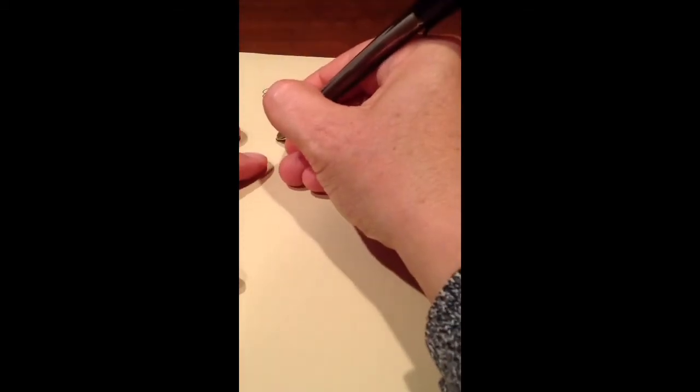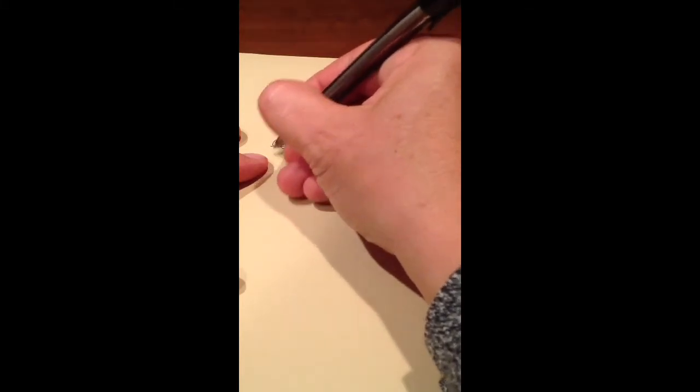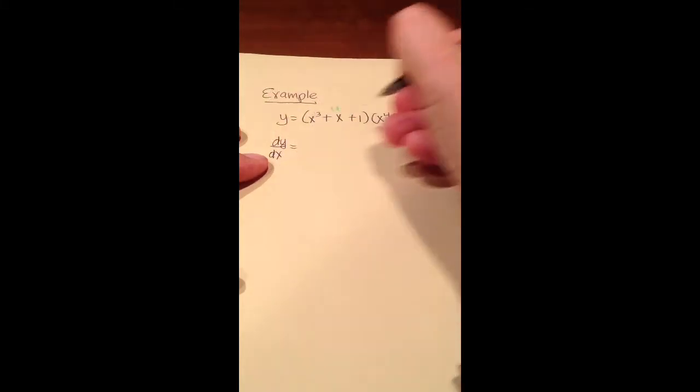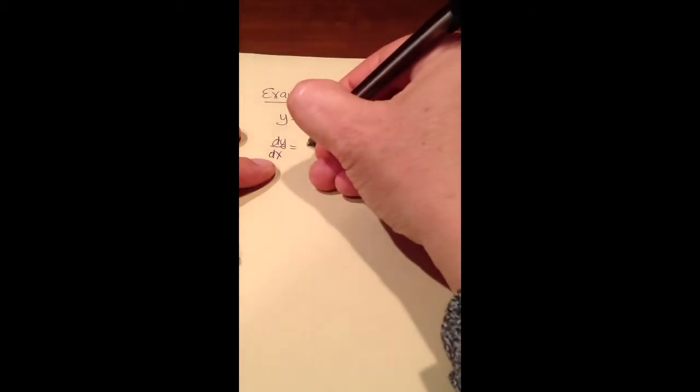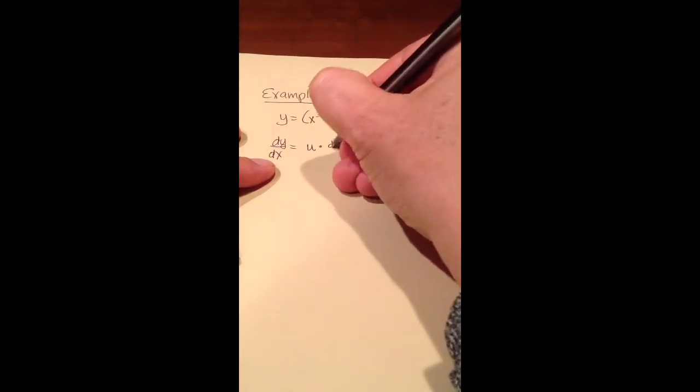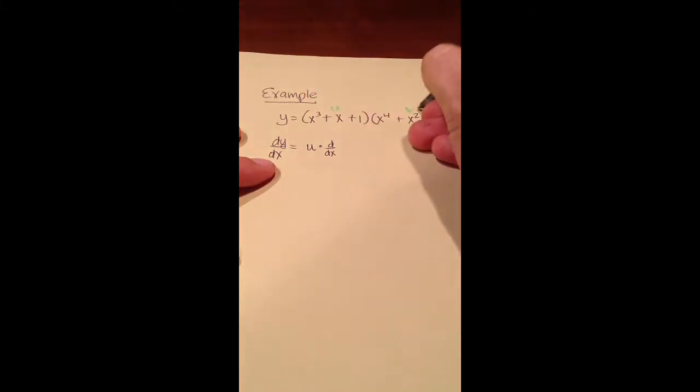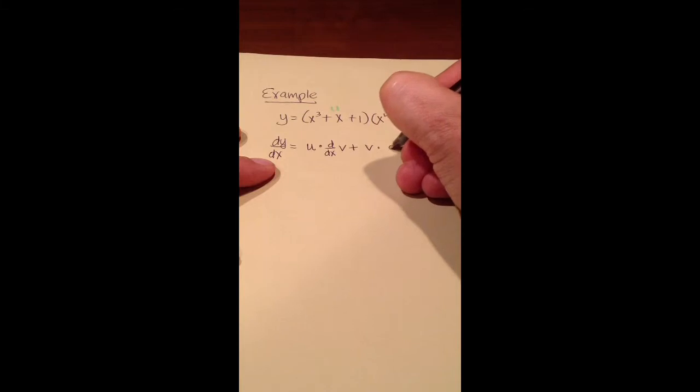So if I take the derivative of y with respect to x, I need to take the first function, u, multiply it times the derivative of v, and then take the second function and multiply times the derivative of u.